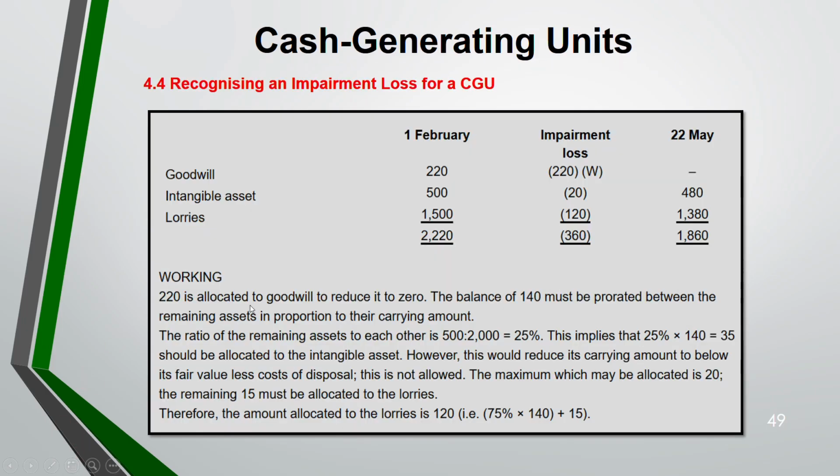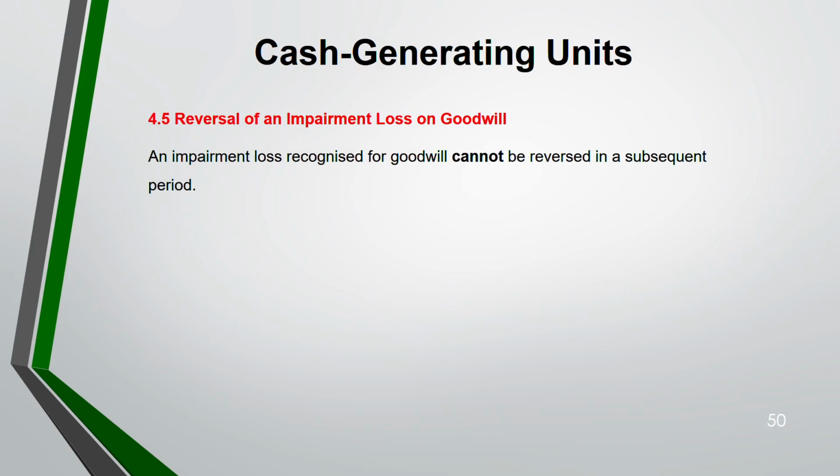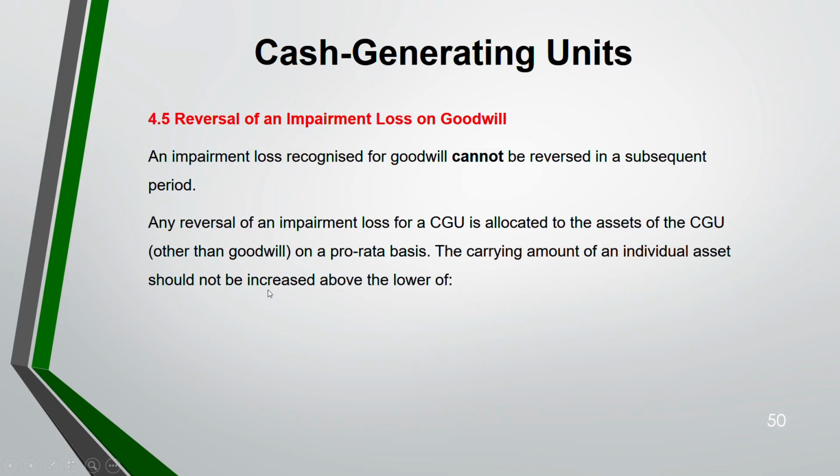You should know this allocation, by the way. This is a question which is very frequently tested, giving you the CGU and asking you for the allocation. Now, reversal of an impairment loss on goodwill. Any impairment loss that has been recognized for goodwill, you can never reverse it later. But you can reverse an impairment loss for a CGU allocated to the other assets of the CGU, not goodwill.